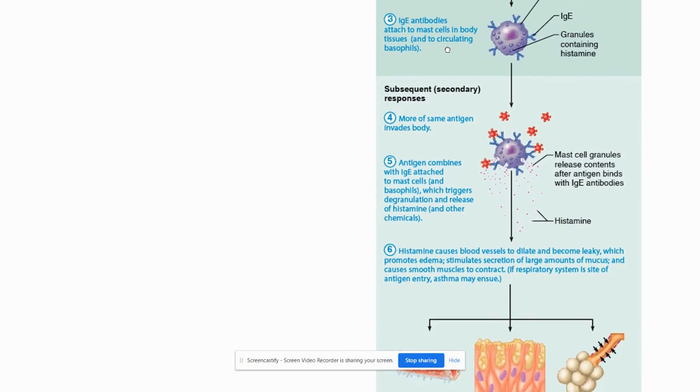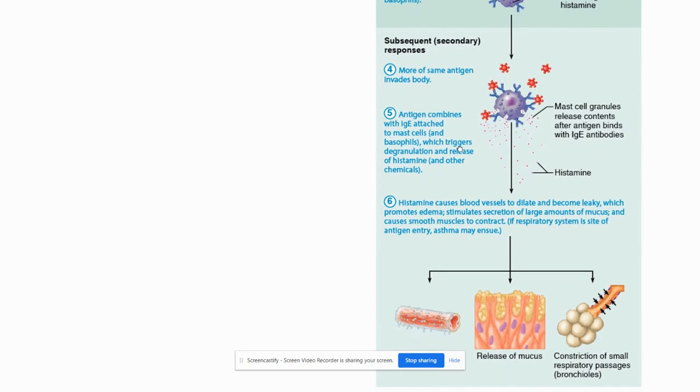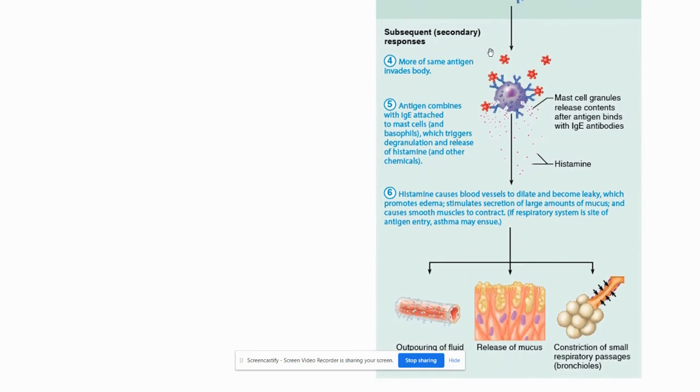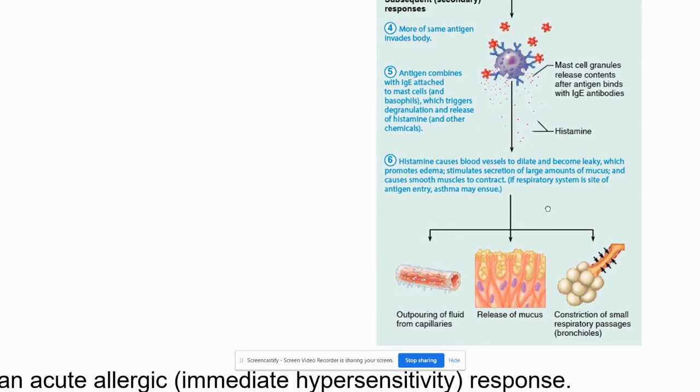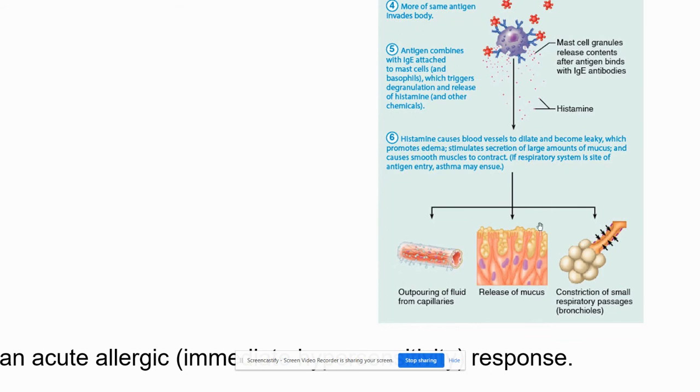Subsequent exposure to the same allergen causes the allergen to bind to the IgE on the basophils and mast cells, causing a release of histamine. That histamine is going to cause blood vessels to dilate and become leaky. It's also going to cause the secretion of a good bit of mucus and constriction of small respiratory passages.